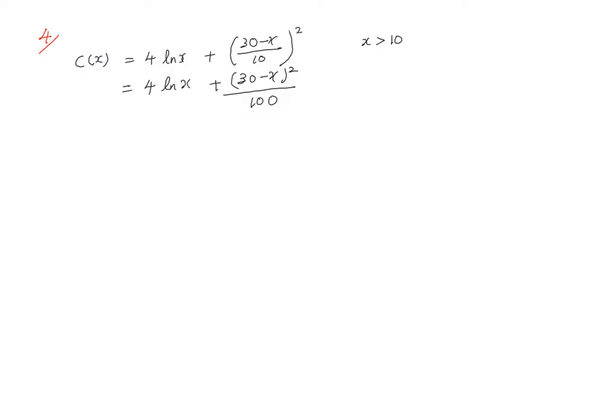Okay, can you put this into your graphic calculator and try to sketch the graph and see how it goes? Okay, if during the exam I do this question, I will not go and query why they put X must be greater than 10, okay? Greater or equal to 10.